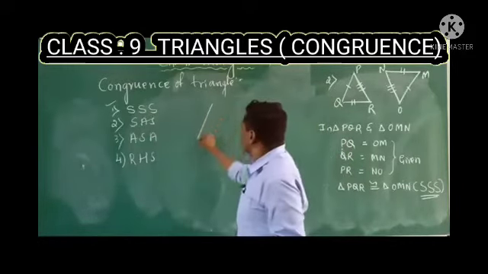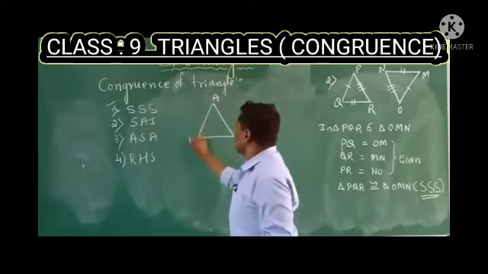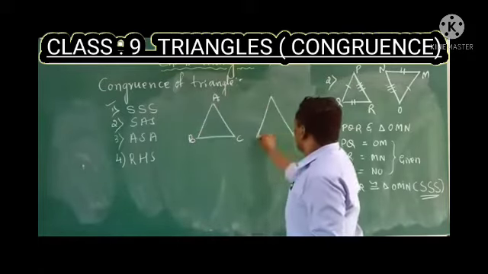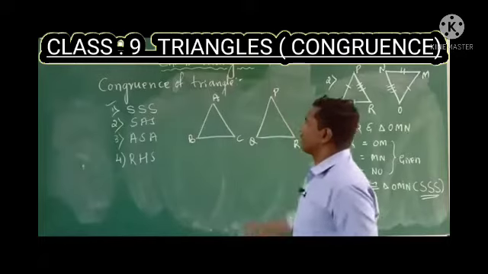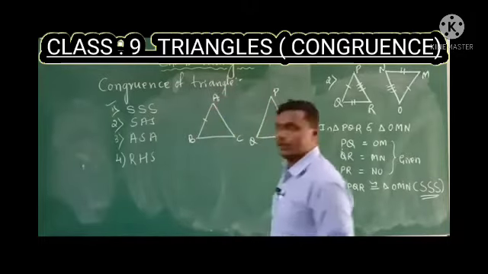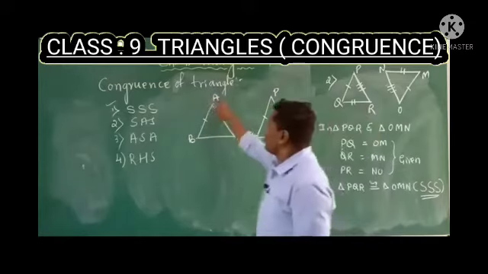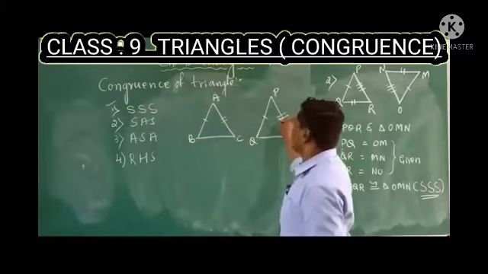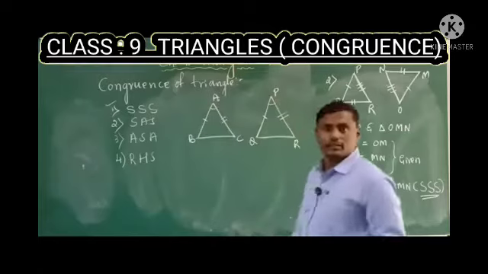For example, let's take triangle ABC and one more triangle, PQR. In that, AB is equal to PQ, the length of AB is equal to PQ, AC is equal to PR, angle A and angle P are equal.